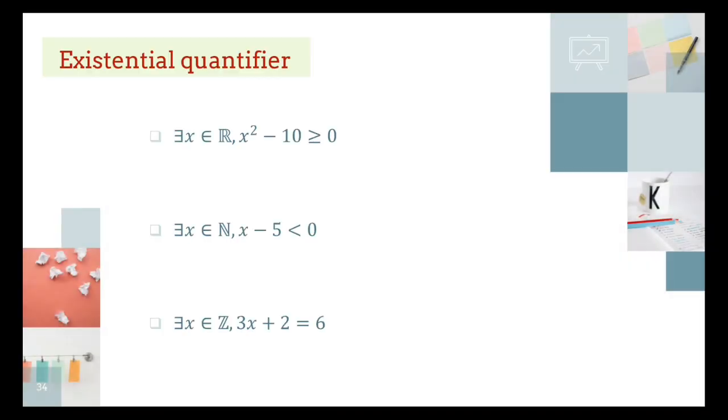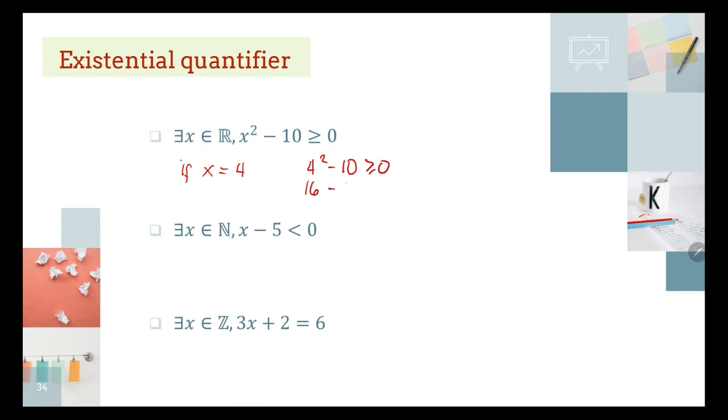Let's try to find their truth value. There exists an x, element of real numbers, such that x squared minus 10 is greater than or equal to 0. If we can find at least one value of x, let's say for example x is equal to 4, that would give me 4 squared minus 10 greater than or equal to 0.